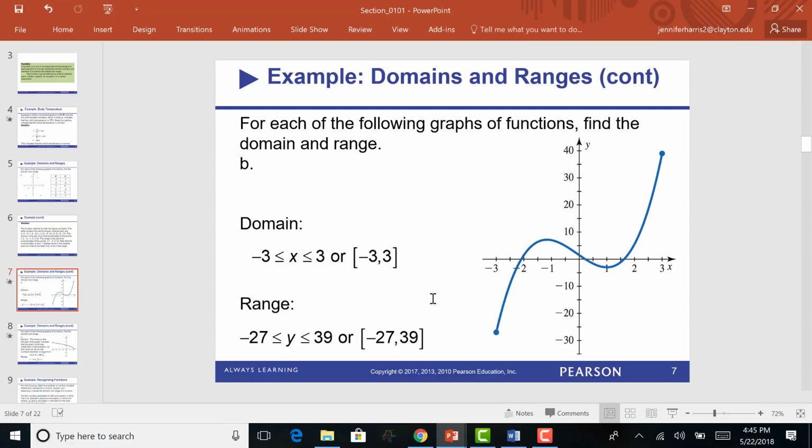Now, are we saying all the numbers in between? Yes. As long as you say all the numbers in between, we're looking at the graph for everything in between, we got to use two less than symbols. This will always be less than symbols when it's going to be all the stuff in between there. All right, so there's my inequality notation for range. We're talking about range now. And this is the inequality notation.